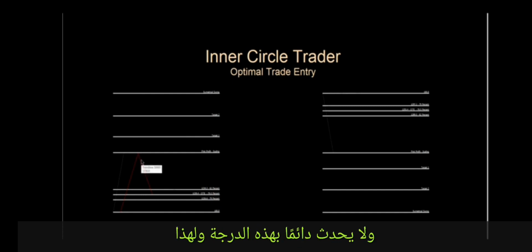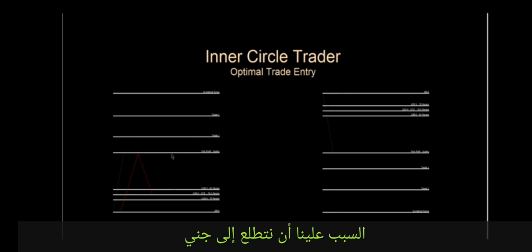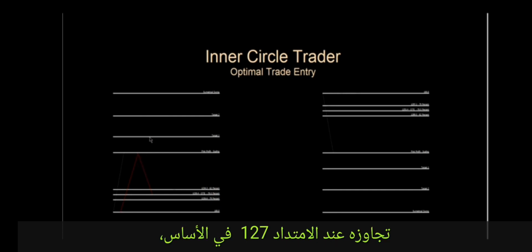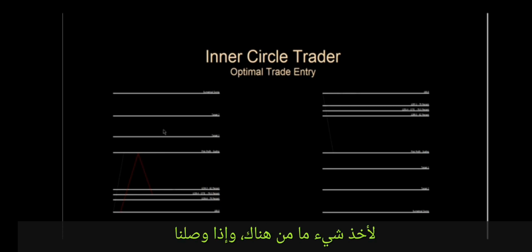They don't always happen to that degree, and that's why we have to be looking to take profit right before our old high, because it could fail there. And if it goes above it at the 127 extension, basically is what this is, I'm going to be looking to take something off there. And if we get to 162 extension up here, that would be another portion for me to take profits.